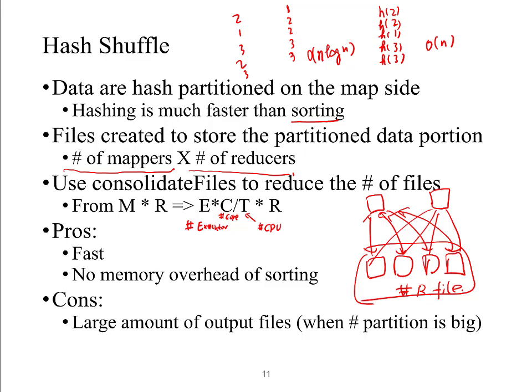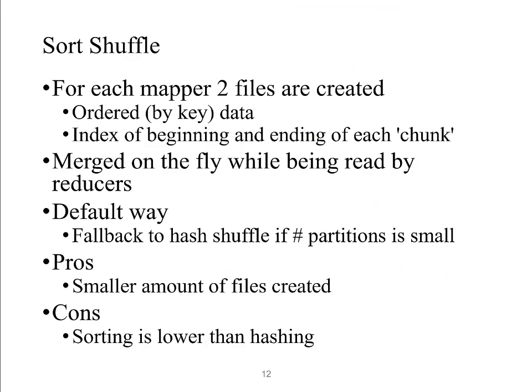So now the advantage of hash shuffle is that it is faster than sorting, and there is no memory overhead of sorting, right? But the disadvantage is the large amount of output files, especially when the number of partitions is big or the number of reducers is large.